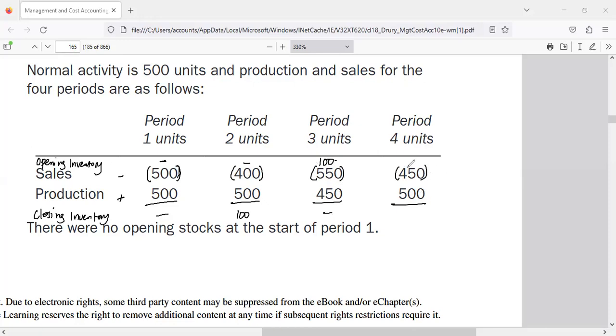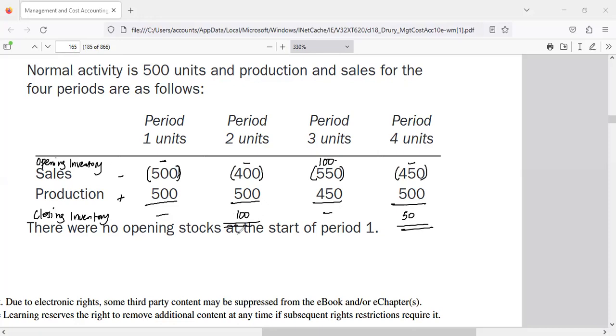So in period 4, opening inventory, we don't have opening inventory, because this should be coming from period 3, but we don't have that. Then in period 4, we have 500 units produced minus the 450. So in period 4, you have closing inventory of 50 units, as you can see.